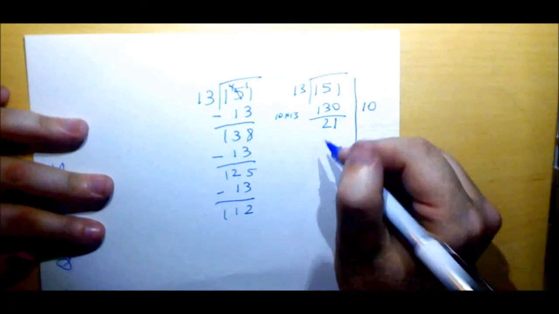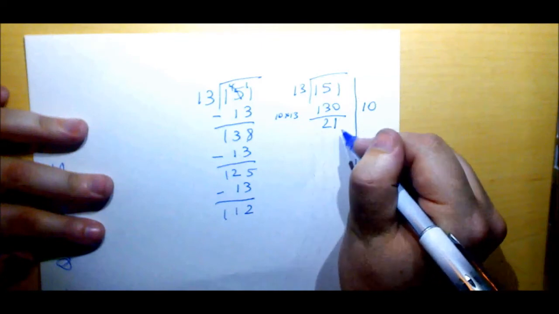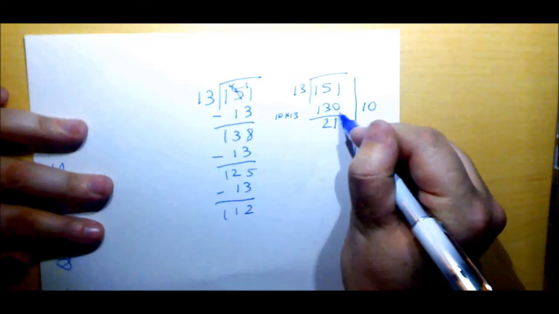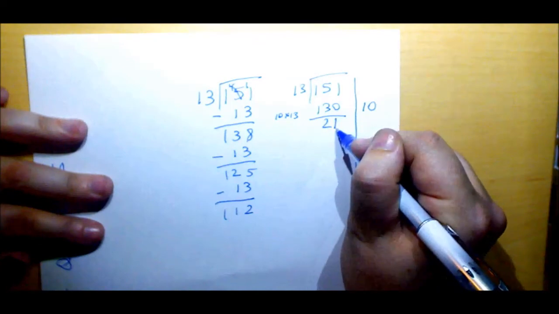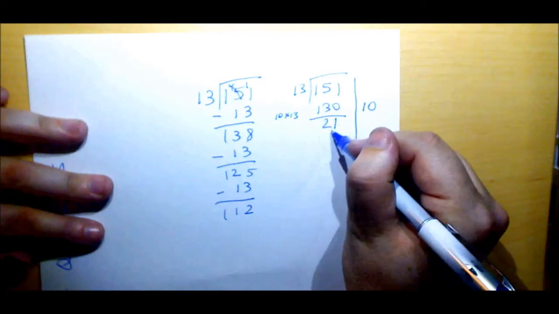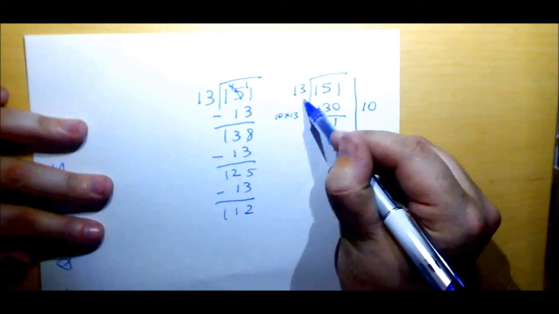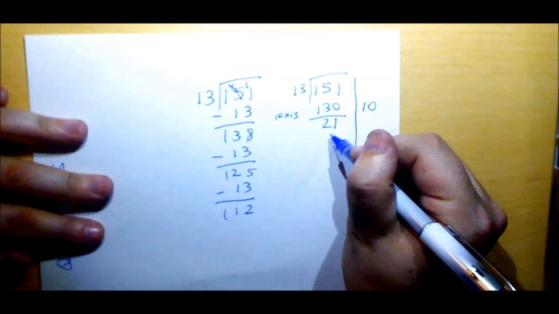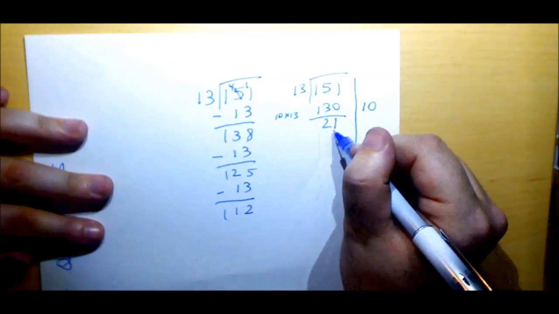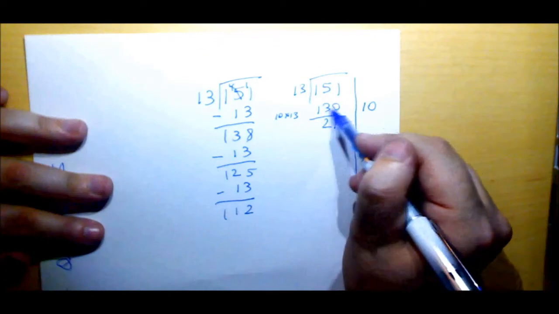Then I look at this and I say, well, can I subtract another 130? I cannot. This is too small. So what can I subtract? Well, when it gets below 10 times your divisor, you can pick smaller numbers. If this were a bigger number, I would say maybe 5 times 13, which would be half of this.